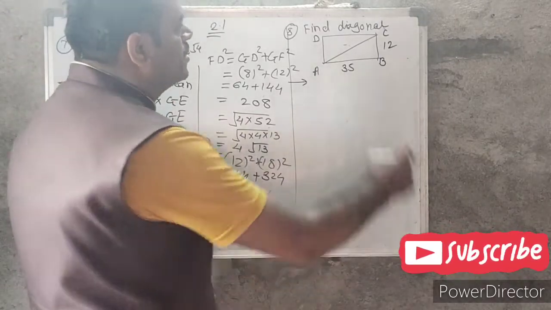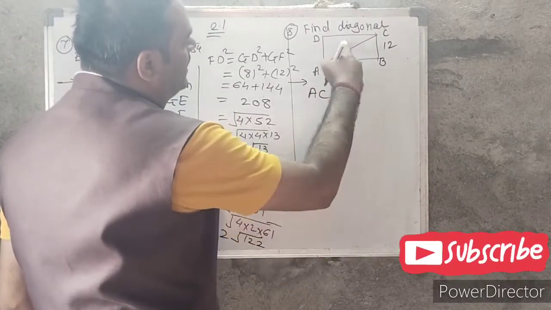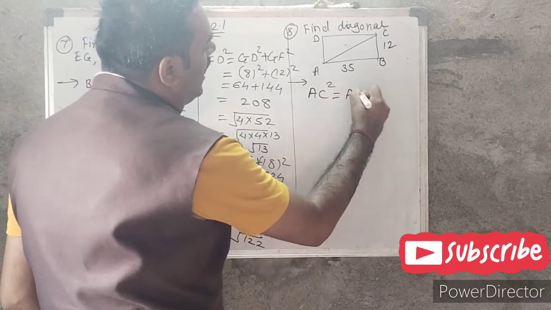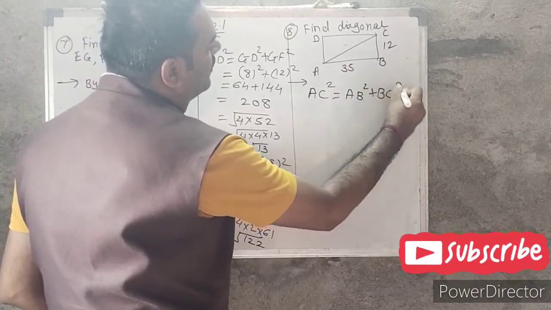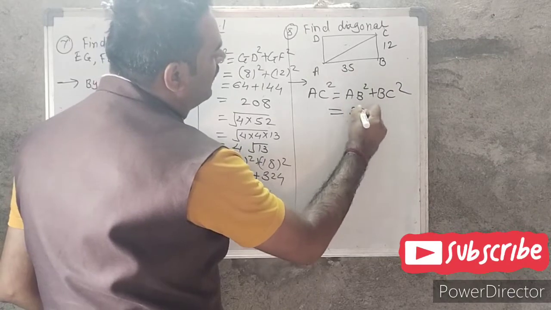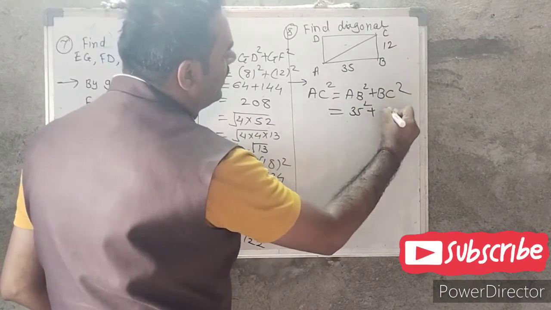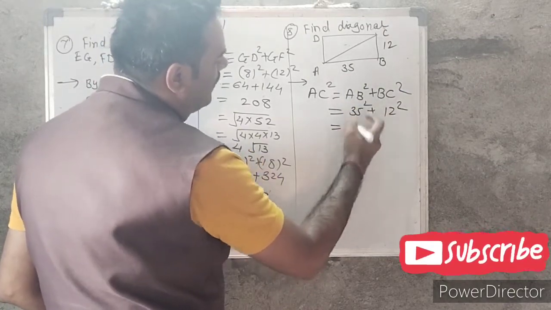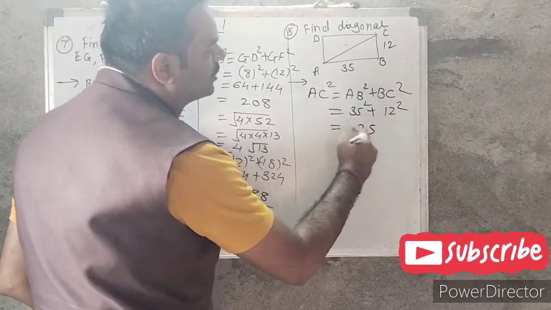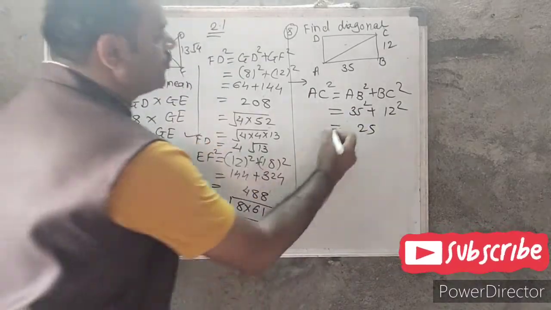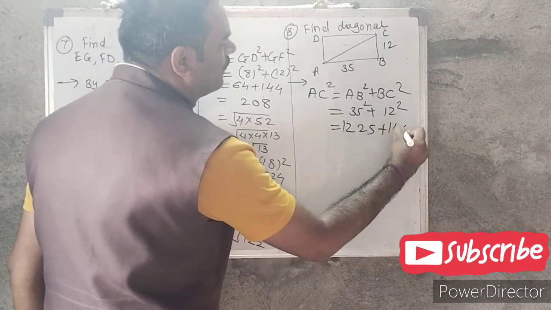Now here AC square, they are asking diagonal. AC square is equal to AB square plus BC square. So AB कितना है आपका? 35 है. 35 square. BC कितना है? 12 है. 12 square. So 35 square what? 35 का स्क्वायर कितना होता है? 5 square 25, 3 4s are 12. Okay, and 12 का स्क्वायर 144.